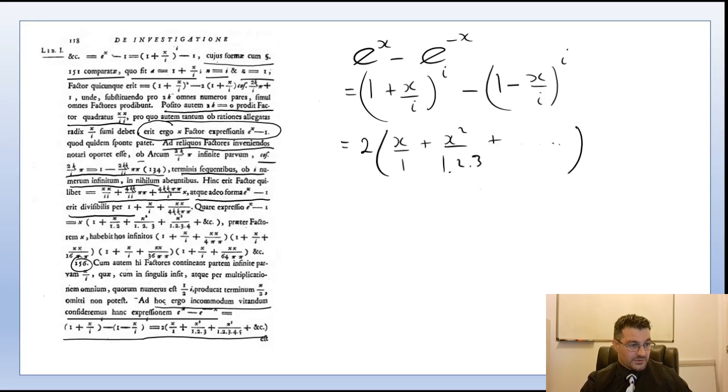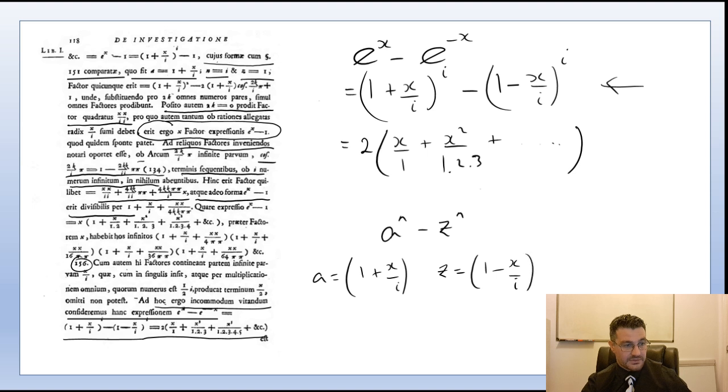So how are we going to do this? We compare this form again with the form of section 151, a to the power of n minus z to the power of n. But in this case, we let a equal 1 plus x over I, z equal 1 minus x over I, and n is equal to I.